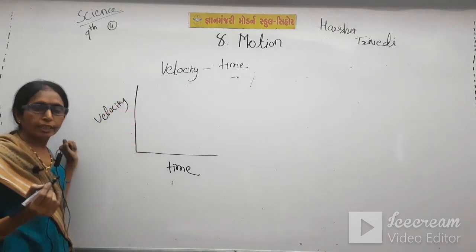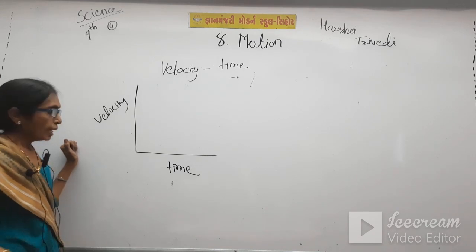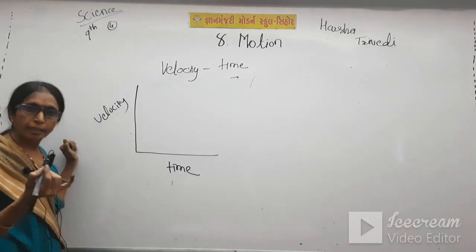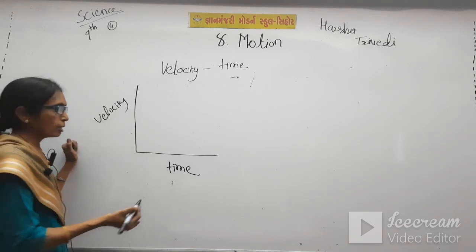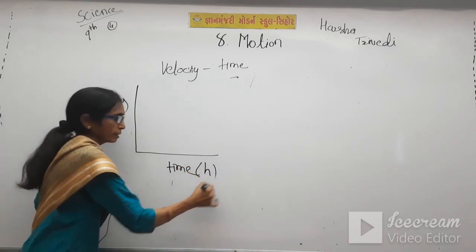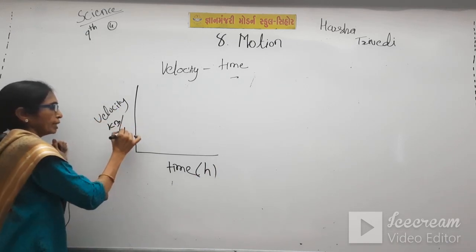What is the unit of velocity? It can be meter per second, it can be kilometer per hour, and for time it may be in hour, or it may be in minute, it may be in second. Suppose here we are taking in hour, and velocity in kilometer per hour.